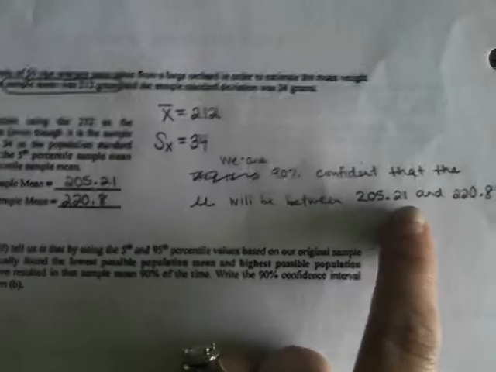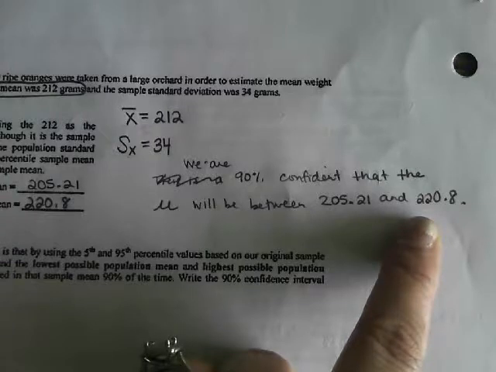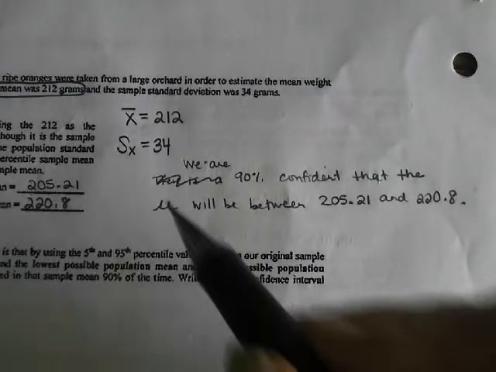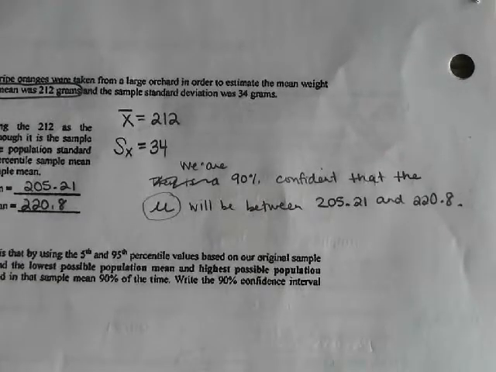And so we are 90% confident that our population average, that we'll never get by collecting all of the oranges in the orchard, it's just not going to happen, this is the best way of coming up with a guess as to what it is.